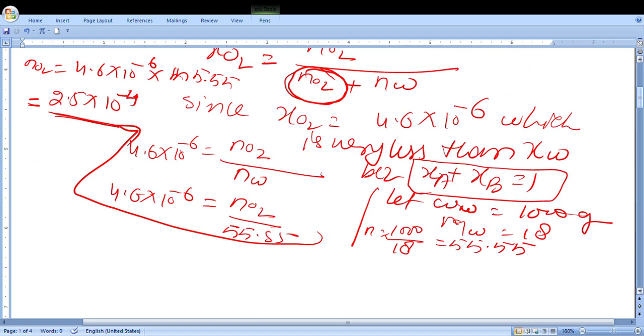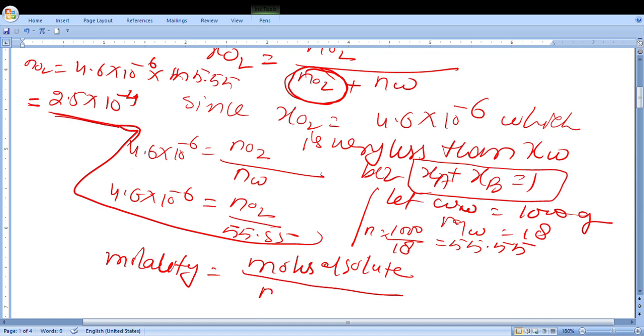After solving the moles of oxygen, we will apply the formula molality is equal to moles of solute upon mass of solvent in kg, which we let 1000 gram. 1000 gram means 1 kg.